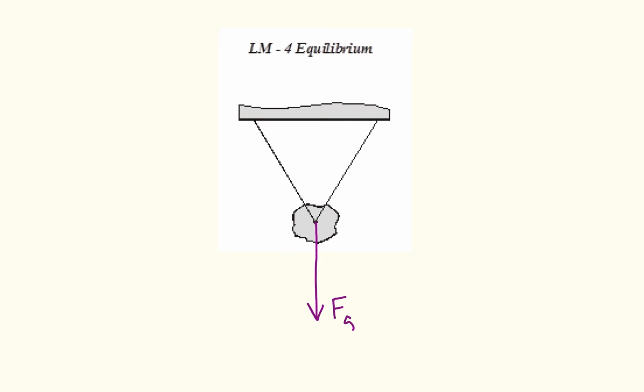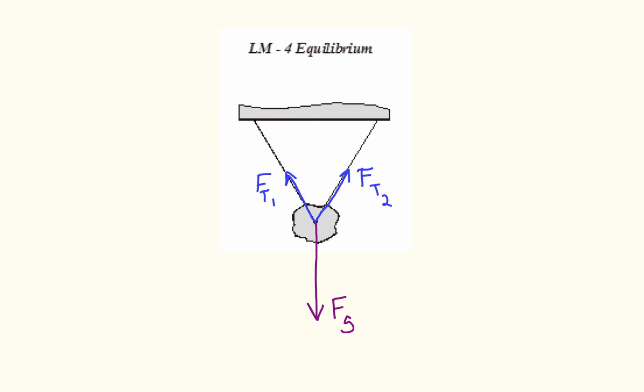And then I'm going to draw my tension. So I'm going to have two tension forces, one going in this direction and one going in this direction. They're going to be equal in size. I'm going to label this FT2, and this will be FT1.